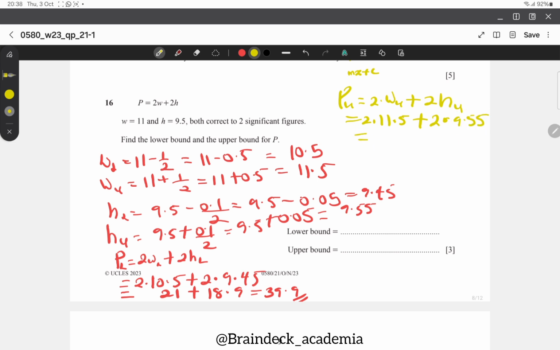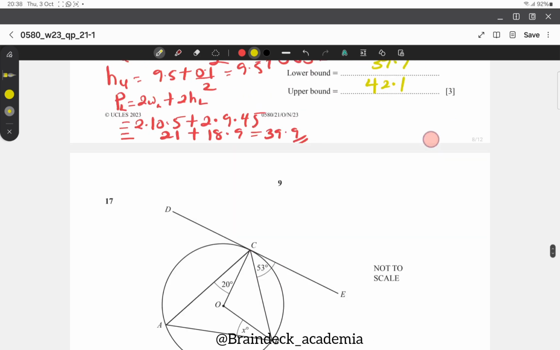So 11.5 times 2 is 23, then plus 9.55 times 2 is 19.1. So our P upper bound will be 42.1. So our answer is 39.9 and 42.1. That's the answer for that. Remember, if you have any question, please drop that in the comment section and I'll attend to it.